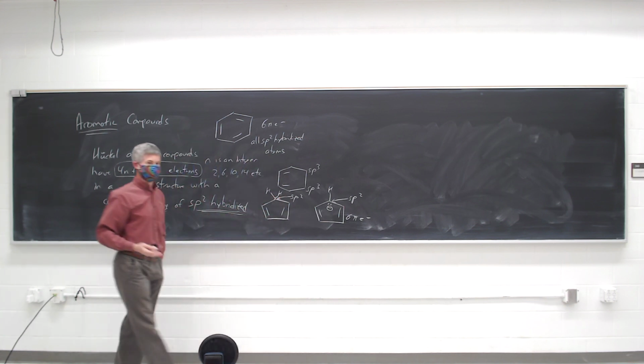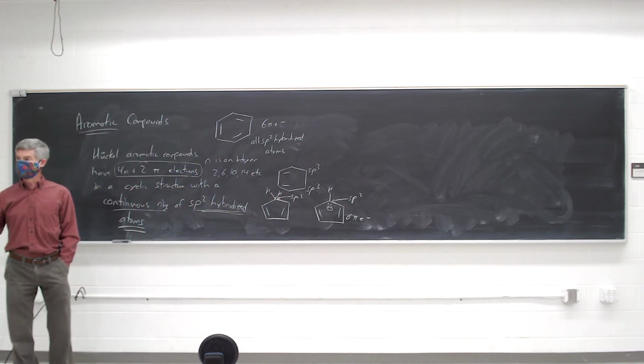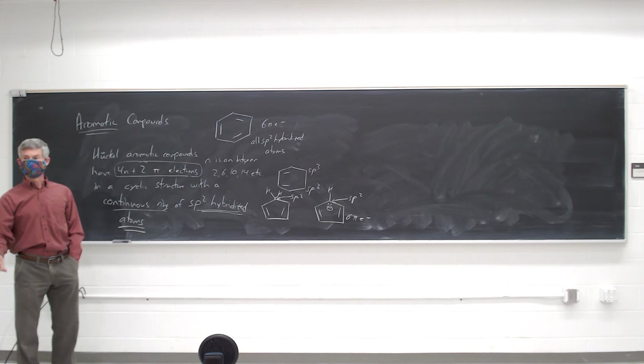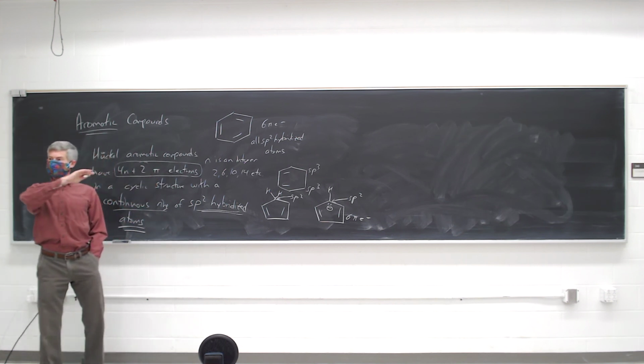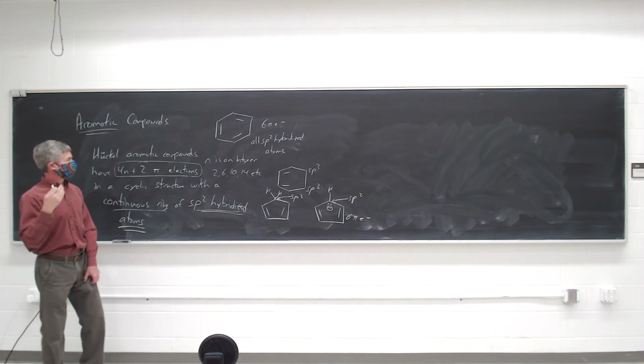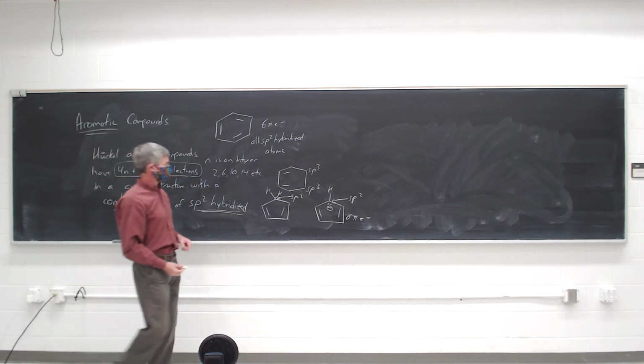So cyclopentadienyl anion is actually aromatic. It's not the number of carbons or the number of atoms in the ring that matters. It's the number of electrons in the cyclic system that determines whether it's aromatic. So try not to confuse the number of pi electrons with the number of atoms in the ring. It's often the same, especially if those atoms are mostly carbons, but it doesn't have to be the same.